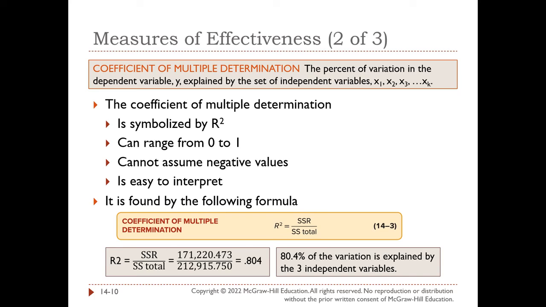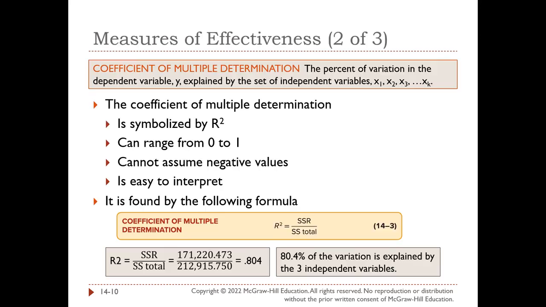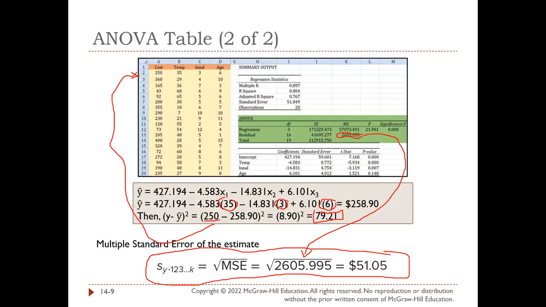It can range from 0 to 1, cannot assume negative values, and is easy to interpret. It is found by the formula R squared equals SSR divided by SS total. Again, we can actually use our table right here to figure this out. But it also has it, sorry, right here with R squared.